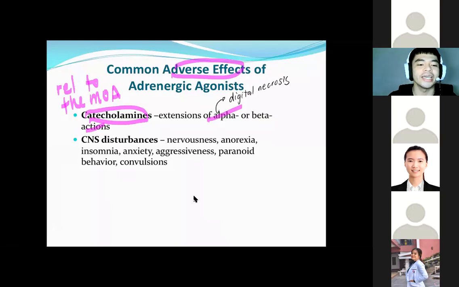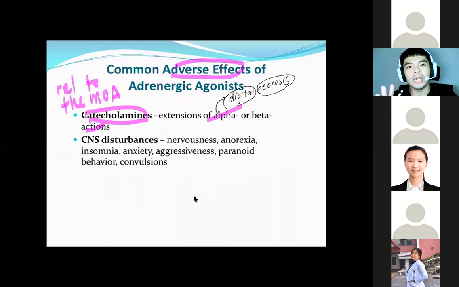Yes. Okay. Nice. So for digital necrosis, when we say necrosis of the digits, the cells of your fingers, they die. Namamatay sila. Why? Because salat sila sa nutrients na nare-receive. Because of the constriction of the vessels in the fingers, limited ang blood supply na nakakarating sa daliri, namamatay ang mga tissues doon.